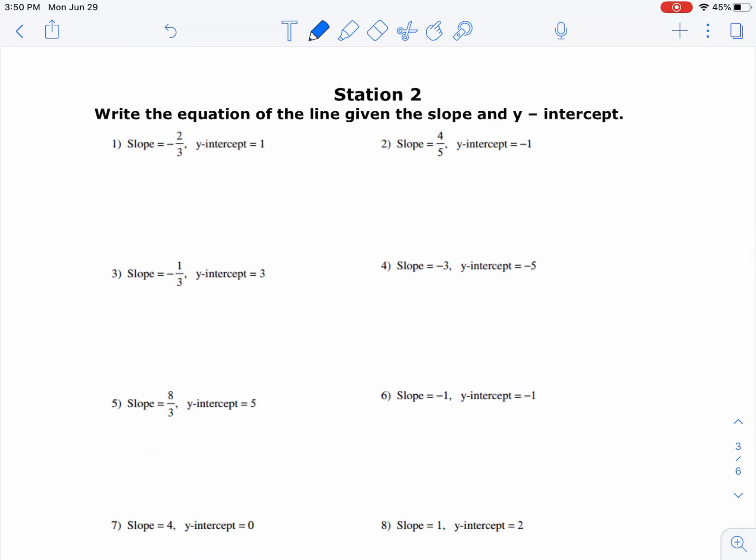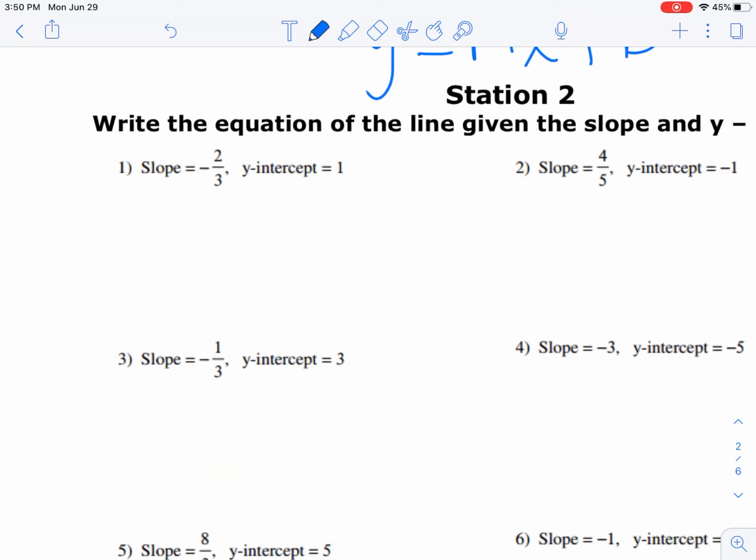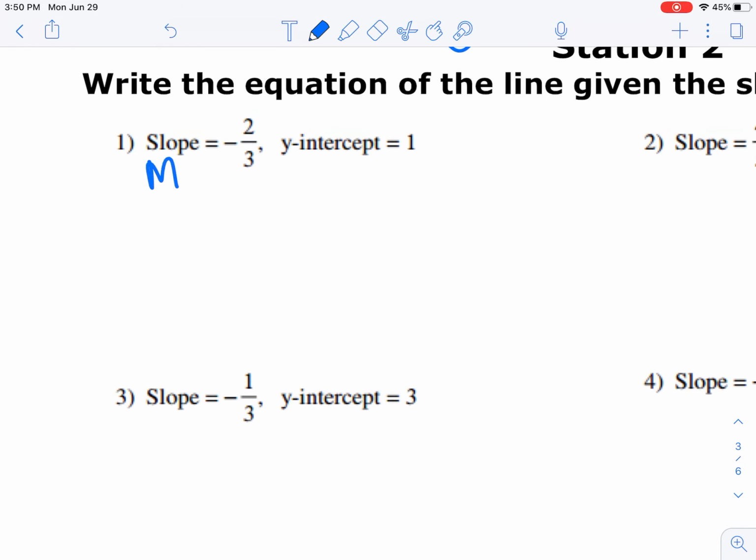All right, so station 2, write the equation of the line given the slope and the y-intercept. Okay, so again, we want this in y = mx + b. So we have our m and we have our b. Perfect. So we're just going to go y = -2/3 x + 1.